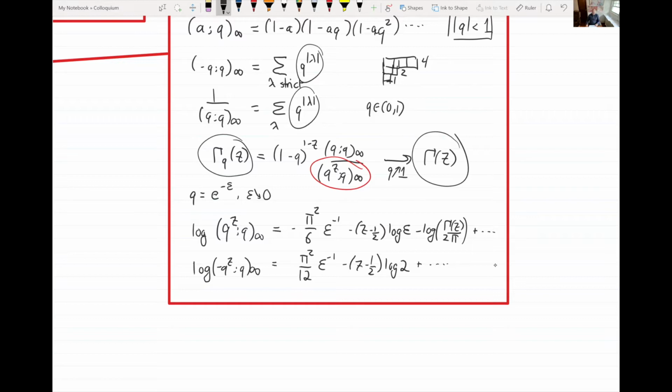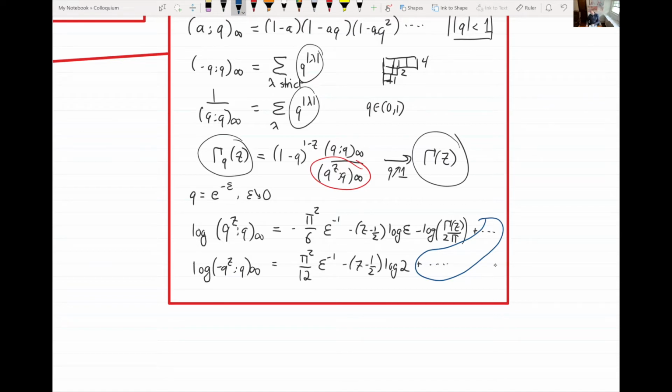Okay, so I should say everything that I wrote down is what was understood. The question which ended up being very important for us is to understand the nature of these lower order terms. So you can find results where people have said if you fix epsilon and take z to be large in different directions, these are the asymptotics. Or if you fix z and you take epsilon.